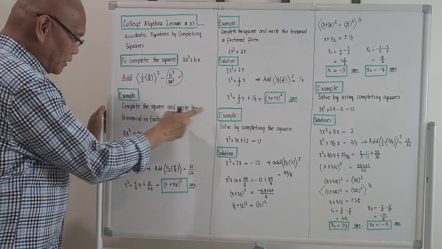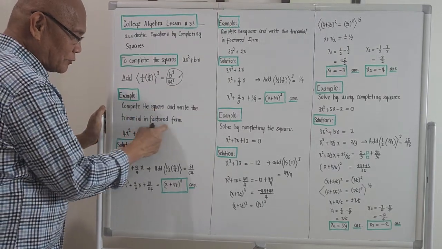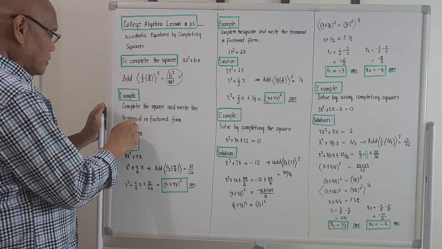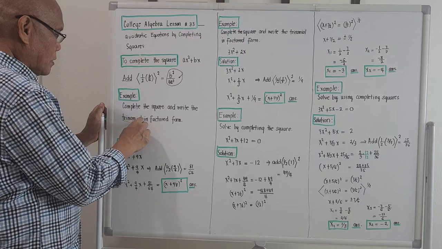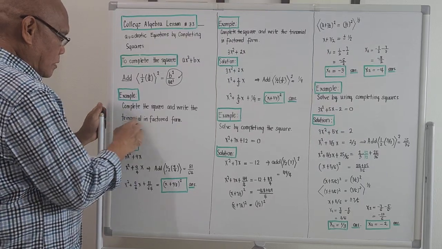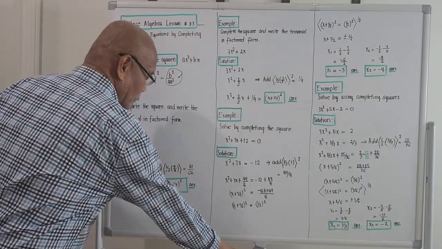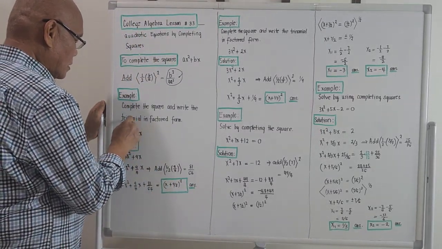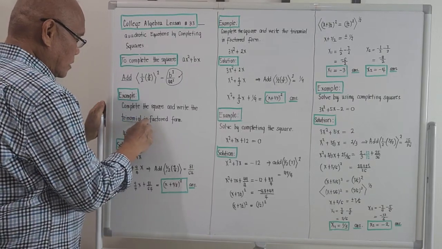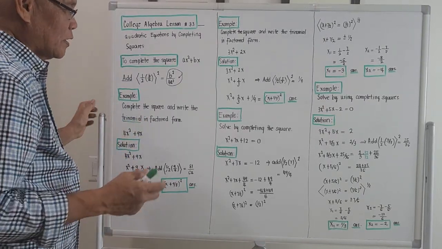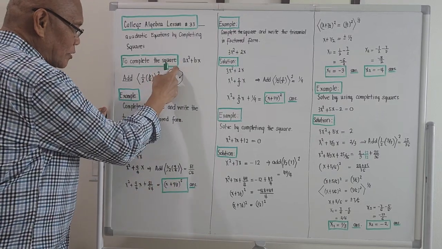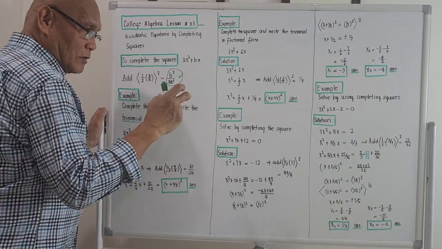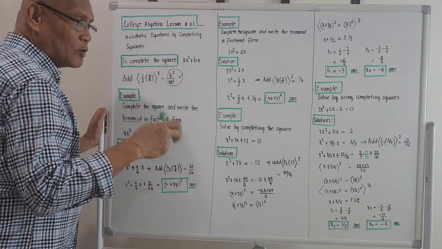Complete the square and write the trinomial in factor form. There is a word trinomial over here. Sorry for that one. I will be using the green one. Trinomial. What it means is that after the addition of b square over 4a square to the value ax square plus bx, what will come out will be a trinomial.